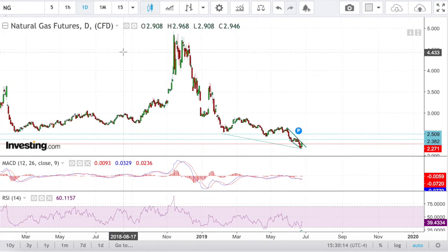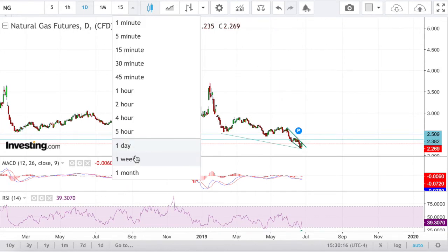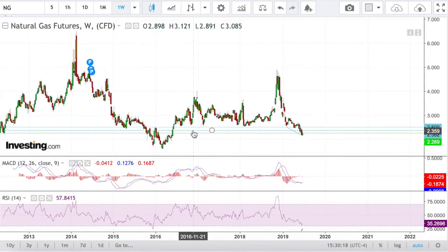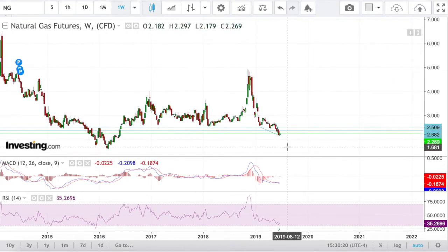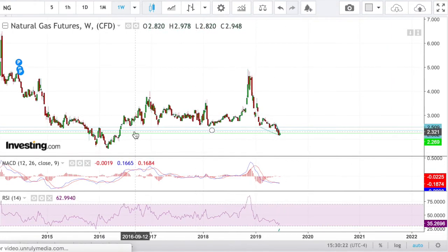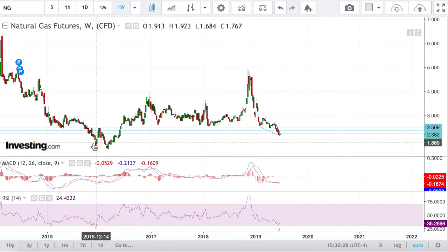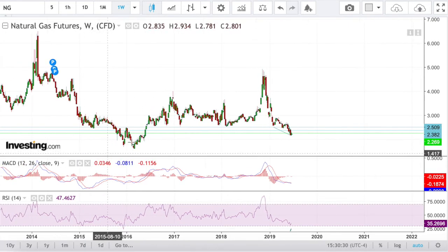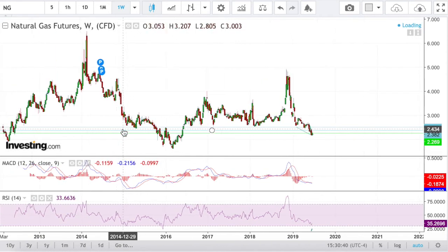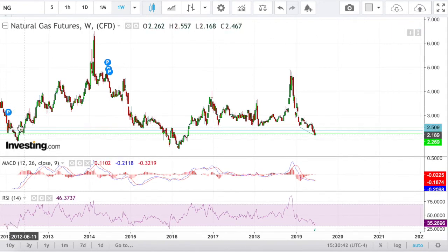All right, now taking a look at the weekly chart. So each candle is a week. We have again the same thing, and you can see here that we do sometimes dip a lot lower on natural gas, but technical analysis is a question of probability, and this has only happened once in the past 5, 6 years, once again here.